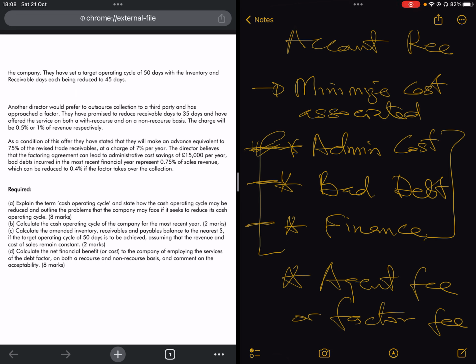But they are saying that loss will be reduced to 0.4% if the factor takes over the collection. And remember, the factor takes over the collection under a non-recourse basis. In fact, your bad debt will go to 0%. Yeah, so this 0.4% is only applicable to with recourse. If it's without recourse, then the bad debt is zero.